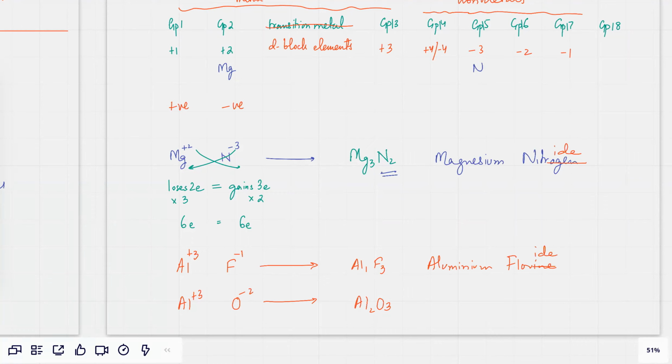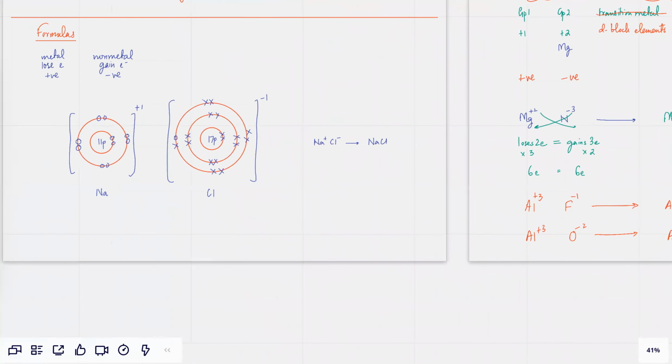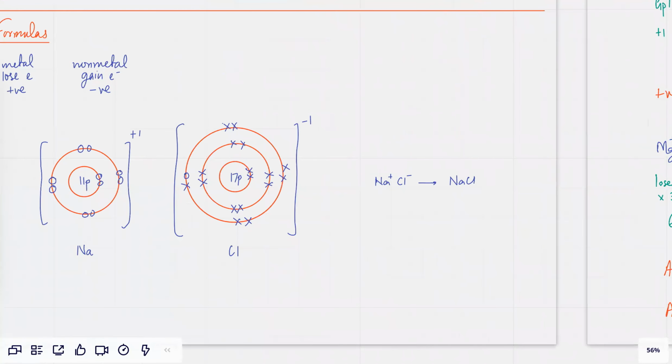So instead of saying oxygen, the suffix changes, it becomes IDE. Okay, is this clear? Yes. And the same thing over here, we did sodium and instead of calling it sodium chlorine, it's sodium chloride.